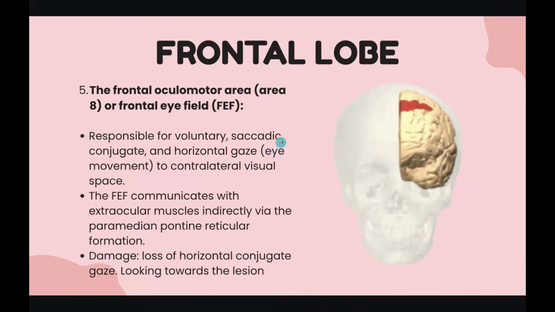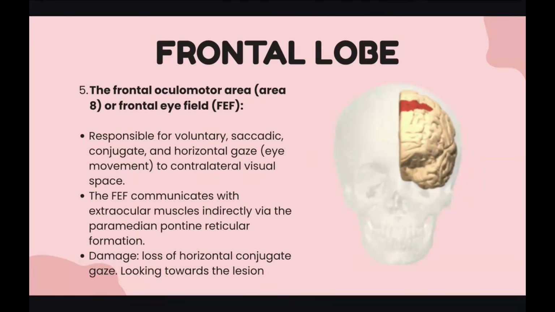The last area of the frontal lobe is the frontal oculomotor area. Area 8, also called the frontal eye field. This area is responsible for voluntary, saccadic, conjugate, and horizontal gaze or eye movement to contralateral visual space.